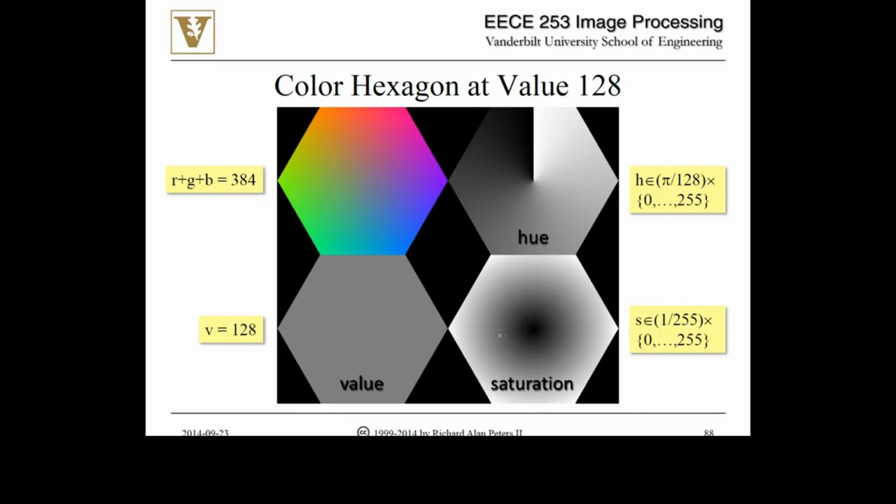And again, just to make it wide, it has been represented in steps of pi divided by 128, and then it has been mapped between 0 and 255. So this is just a mapping of the angle into the 0 to 255 scale.